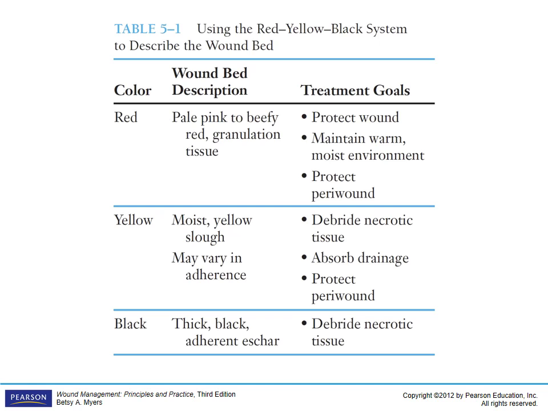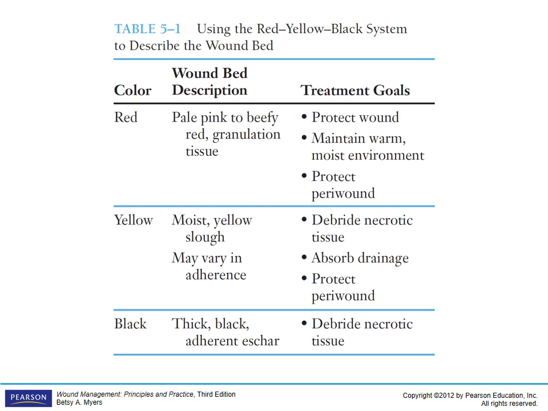Make sure it doesn't get too wet or have any kind of swelling, edema, any of that kind of thing. So this table is really important for you guys to look at and to really make sure that you understand. This goes back to some of the things we've already talked about. The basic tenets of good wound care is maintaining a warm, moist environment.